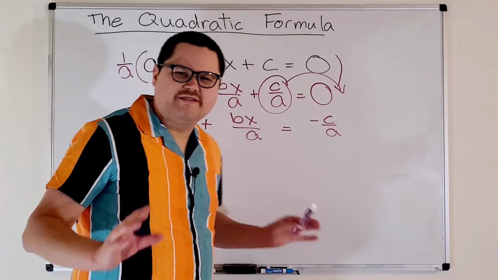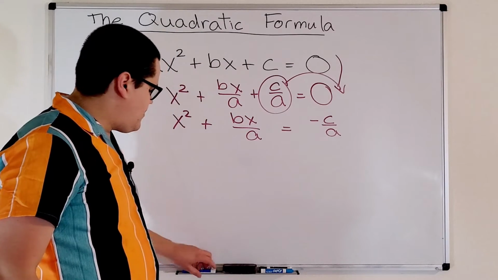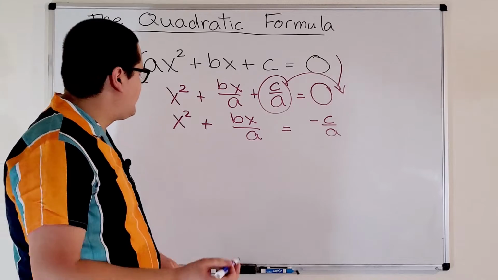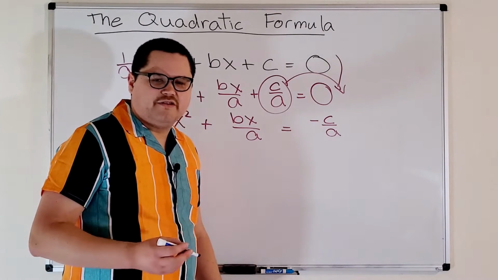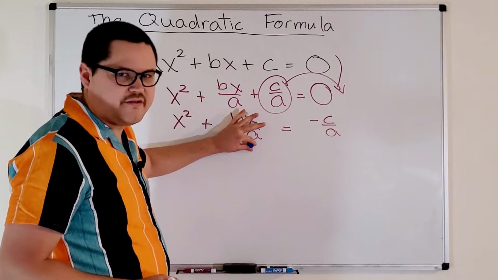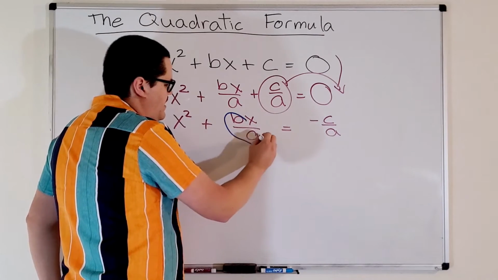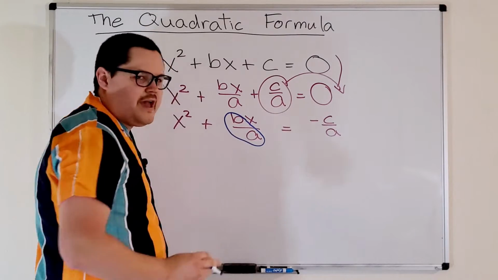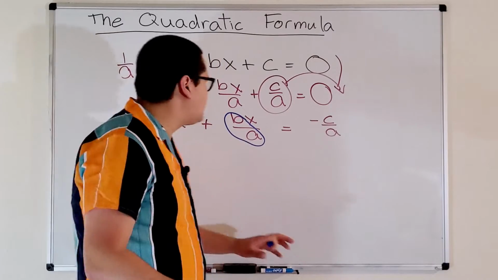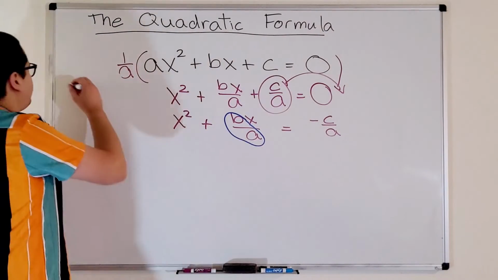Okay, what's after this step in completing the square? Well, we have to look at the coefficient of x. So the coefficient of x is everything in this term other than the x itself. So in this case, it's b over a. And we're going to do some computation involving this coefficient, off in a little thought bubble off to the side.